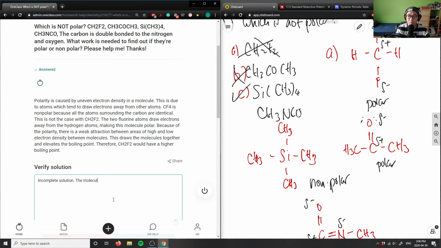The molecule that is polar would be basically Si(CH3)4, because, or rather non-polar, because silicon is bonded to 4 different compounds and carbons are also saturated.